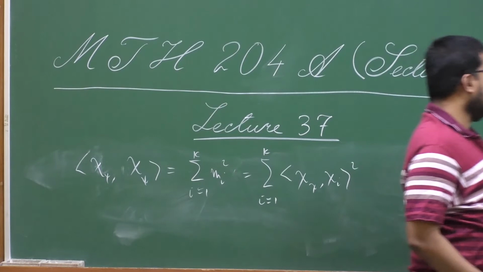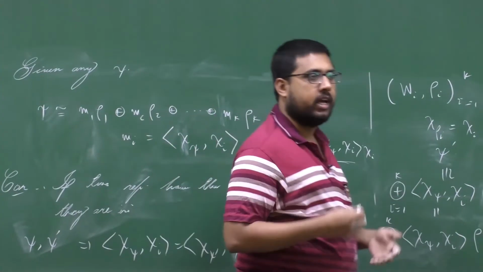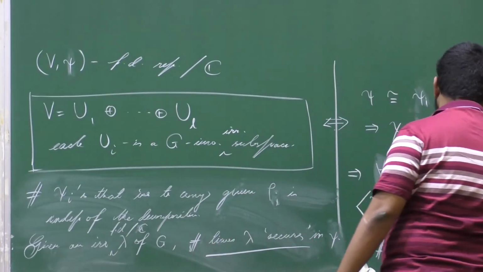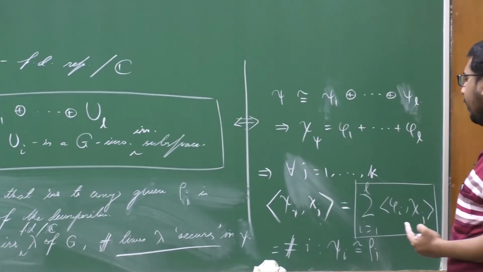Remember that all the mi's are non-negative integers, some of them could be 0, because here you see each term is either 0 or 1.